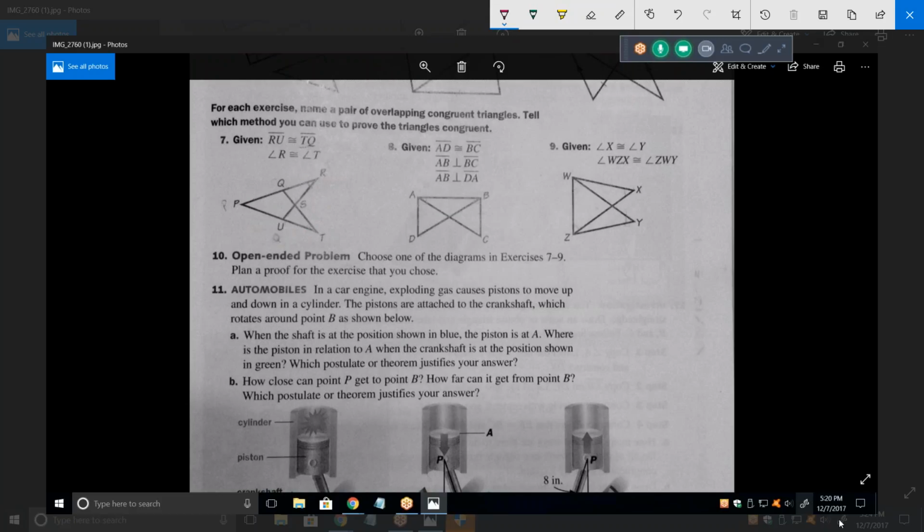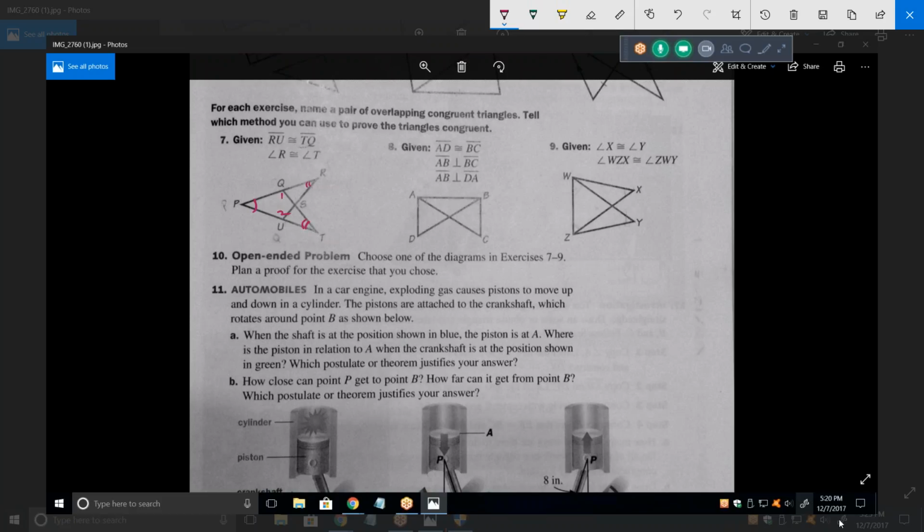We know that one's equal to itself. We know that one's equal. If I can prove the third angle is equal, in other words, that angle 1 is equal to angle 2, then I will have angle, angle, angle, and the same corresponding side, because I know RU is equal to QT.